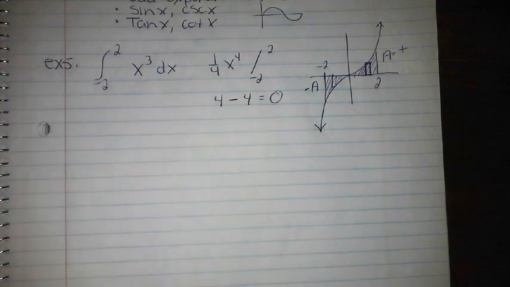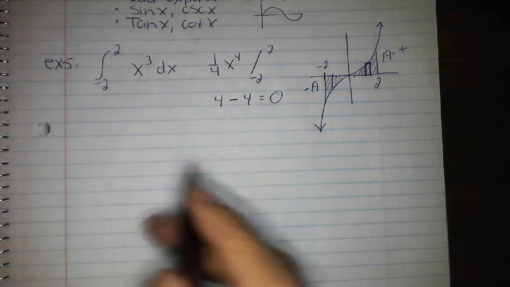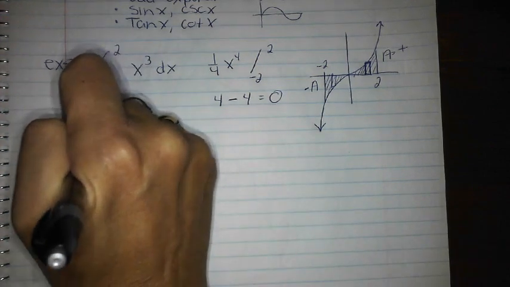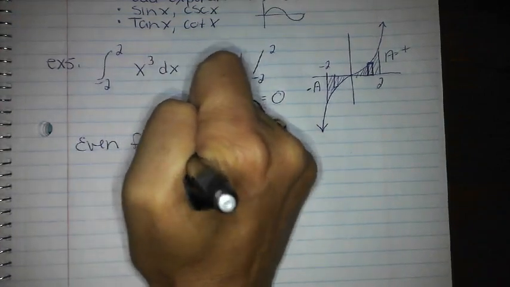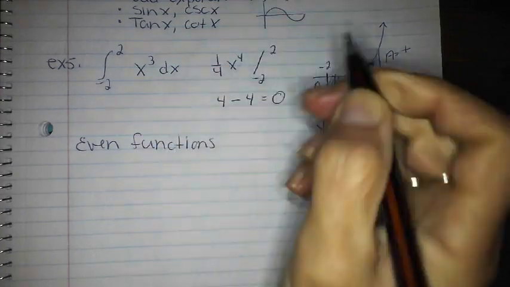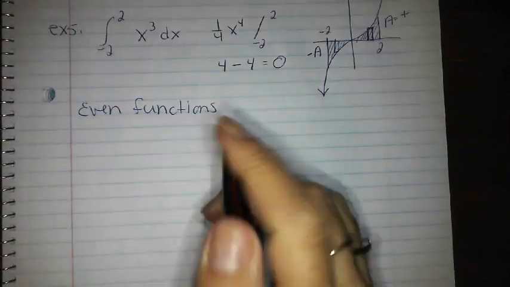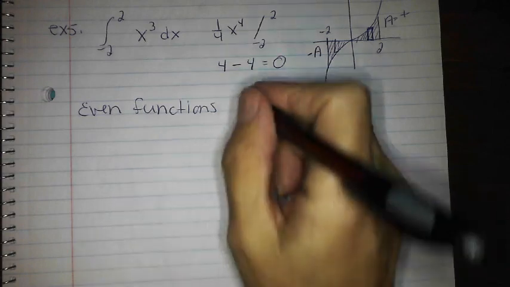So let's define them. Even functions have the y-axis as a line of symmetry.